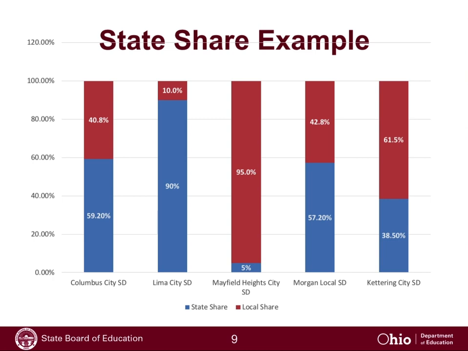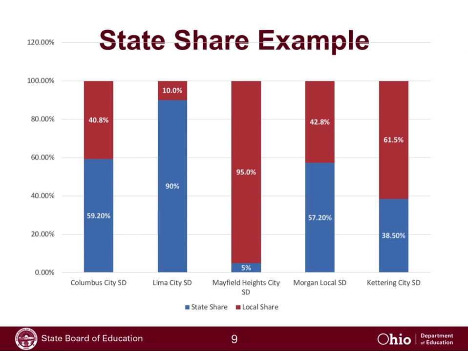The thing that I would note is that the state share is applied to the per pupil amounts, many of them, which we will discuss in greater detail. This is not saying that the state will pick up 59 or 90% of a school district's total spending. It says that we will apply this percentage to the per pupil amounts that are listed in state law.